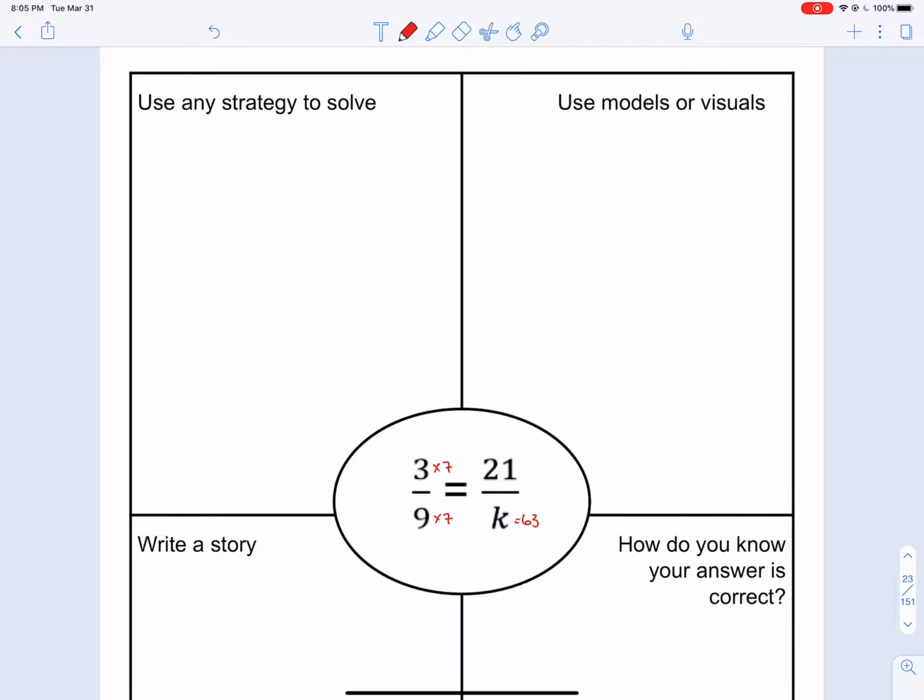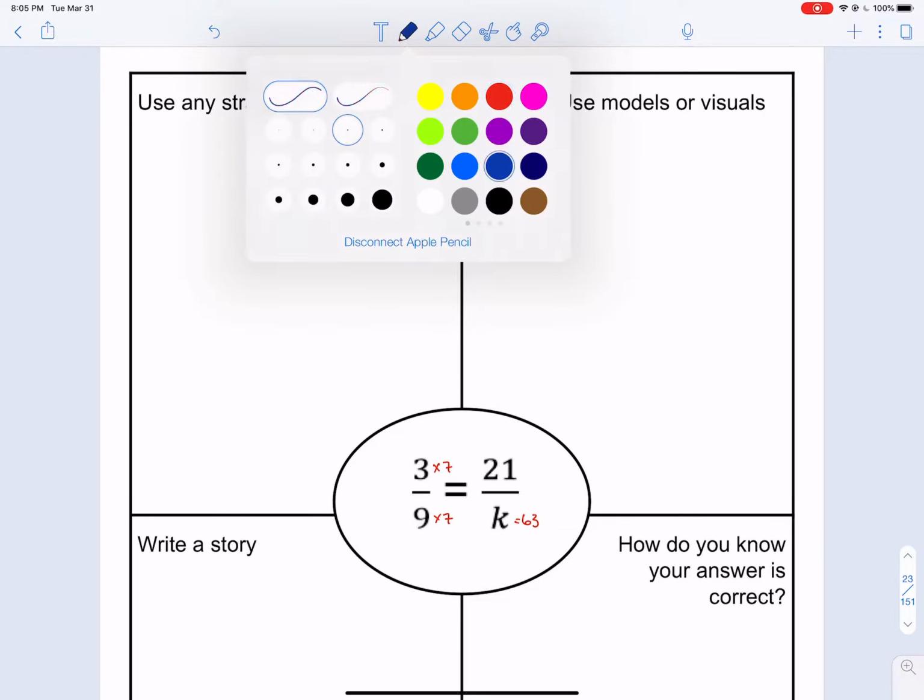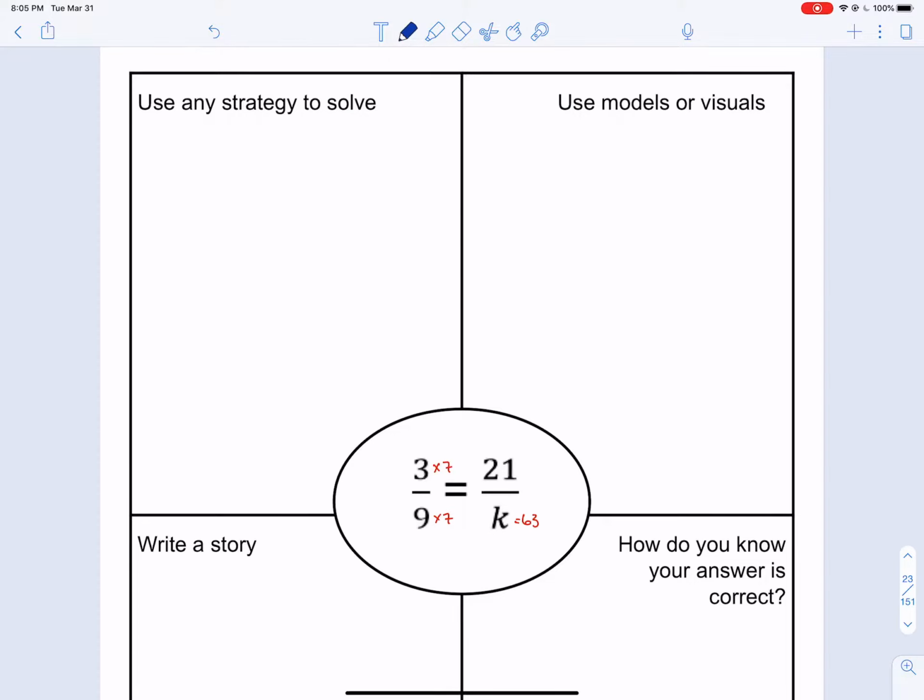Some of you probably learned cross multiplication. Then we just multiply across. So that would be 3k equals 9 times 21, or 21 times 9. Then we just solve it for k. Let's see if we get the same answer. We're hoping to get 63. So 3k equals 21 times 9. 1 times 9 is 9. 2 times 9 is 18.